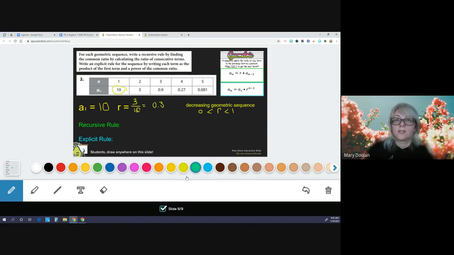All right, so recursive rule, we're going to start with writing what a sub 1 is. What is a sub 1? Mauricio has it. 10. Okay, we already figured that out. It's the first term in the sequence. And then we're going to use the formula here. A sub n is equal to r. What's r?